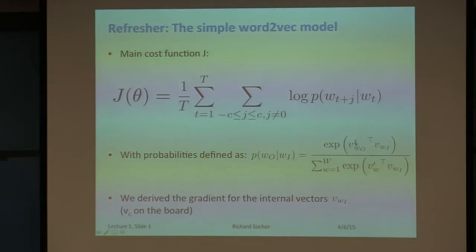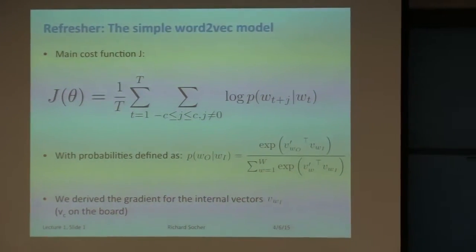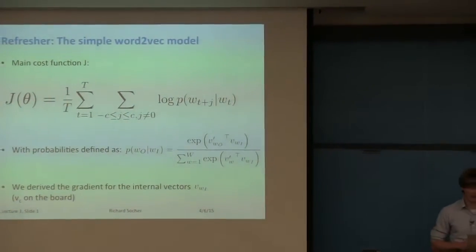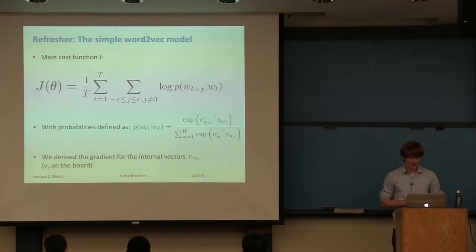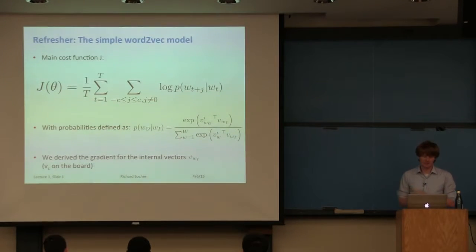And outer vectors had this prime here because every word was represented in terms of two vectors. Once when we have it in the center, and once when we try to predict a word around that center. And during the class, we derived in all the details the gradients for the internal vectors v_wi, or we call them v_c on the board.